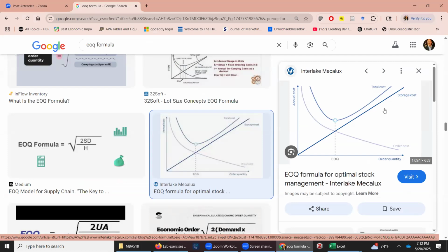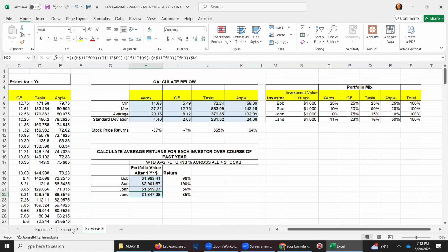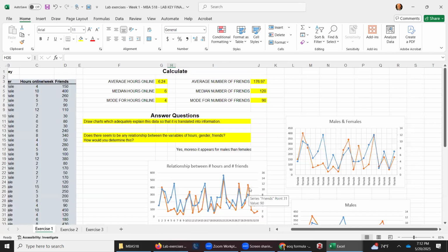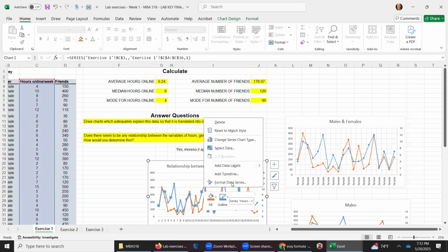Remember, like we did in Lab 1? Remember how we did that? If we go back to Lab 1, we had to go to Format Data Series.